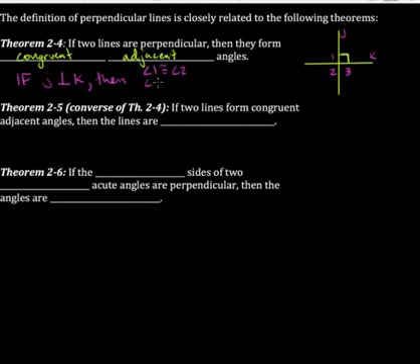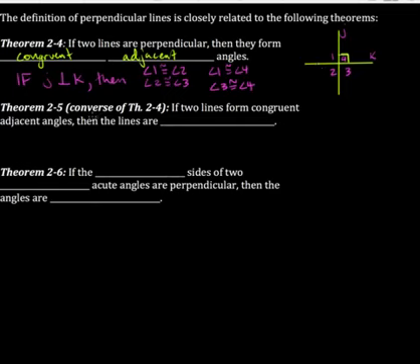I know that angle 2 is congruent to angle 3. And if I put a 4 right there, I could say that angle 1 is congruent to angle 4, or that angle 3 is congruent to angle 4. That's what theorem 2-4 would tell me, that if these two lines are perpendicular, I have a bunch of pairs of congruent adjacent angles in that picture.